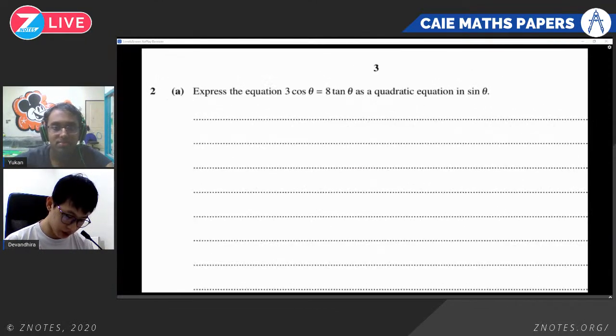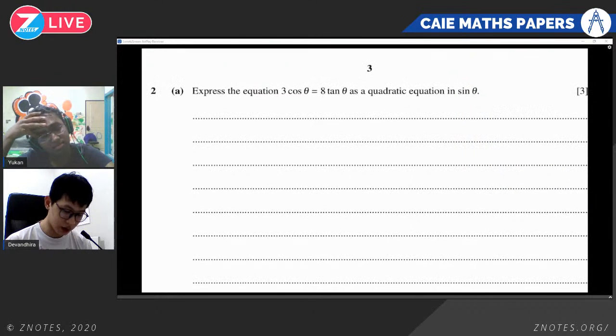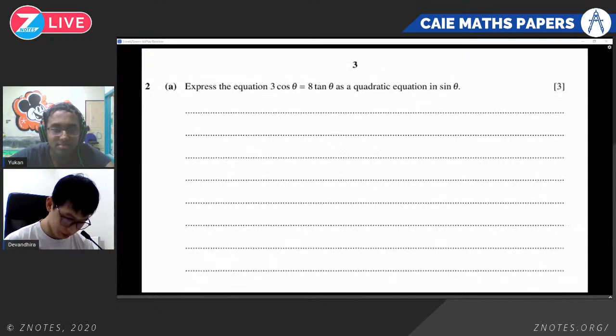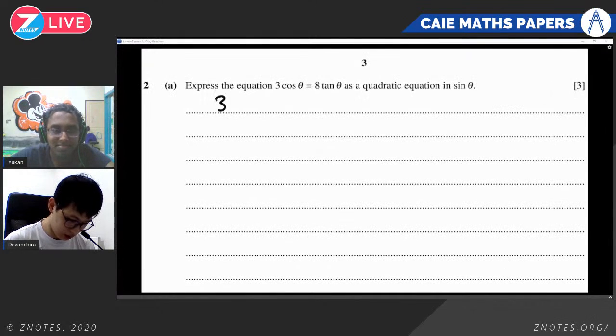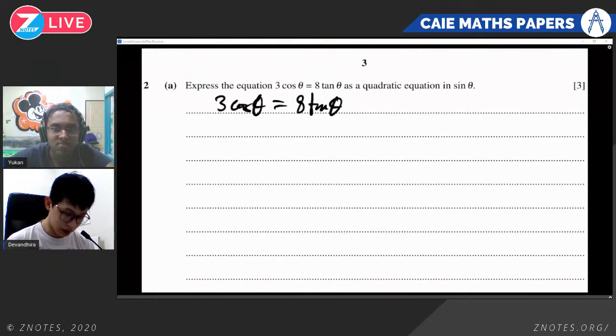Express the equation 3 cos theta equals 8 tan theta as a quadratic equation in sine theta. Sure, why not? Let's write down first the original equation. What I would do here is change the tan theta into sine theta over cos theta.